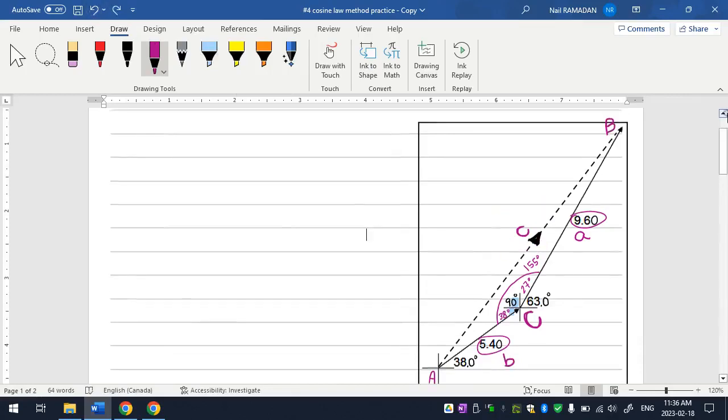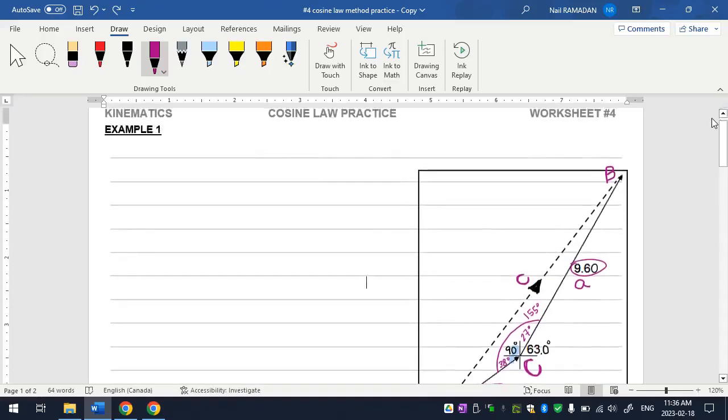So we write the cosine law as follows. It is C squared equals A squared plus B squared minus 2AB, and then cosine of C.